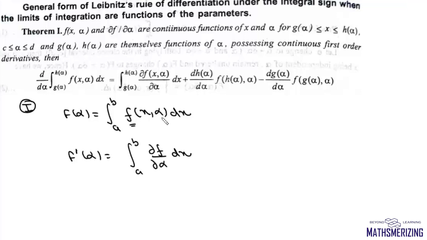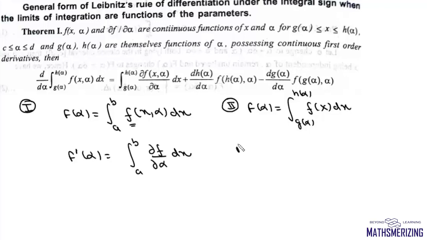Now the second form of the Newton-Leibniz formula is when the limits are variable. Say for example, we have these limits as g(alpha) and h(alpha), but the function inside the integral doesn't have the parameter alpha. Again, if we solve this, we'll get some function of alpha, say F(alpha).